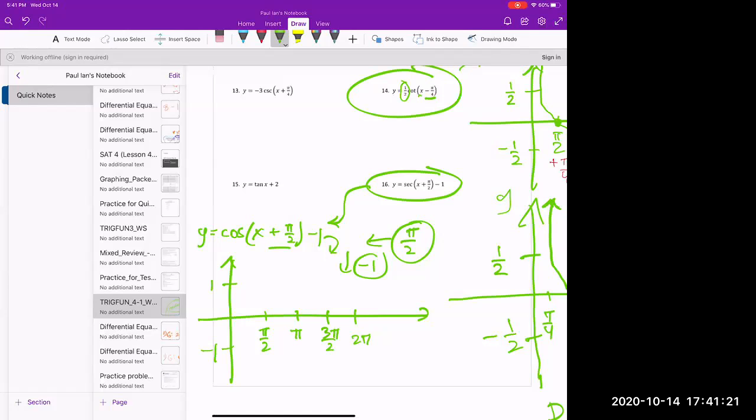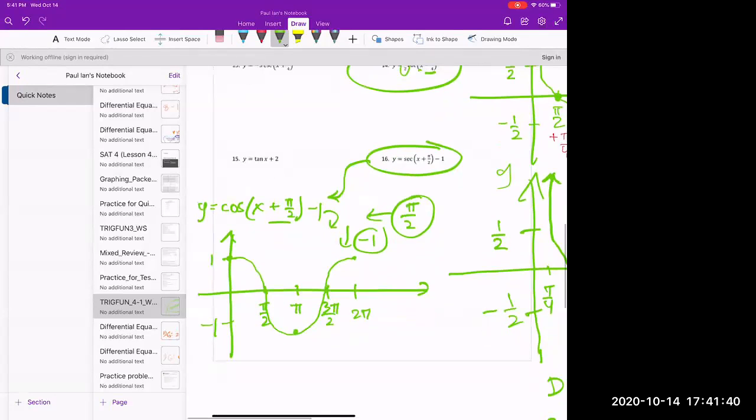So the first one is from here. So it would be, let me just draw out the first one. Okay, so then if you're going to move it, minus pi over 2, minus pi over 2.